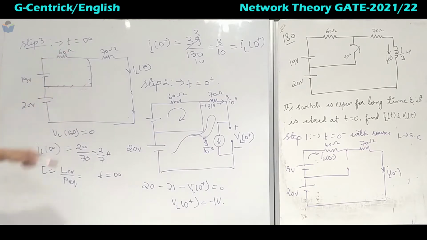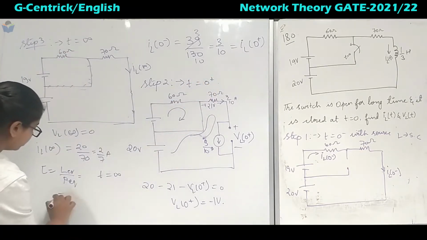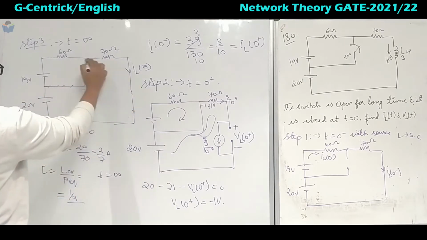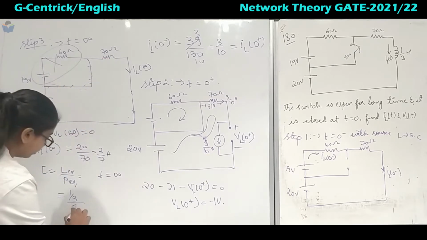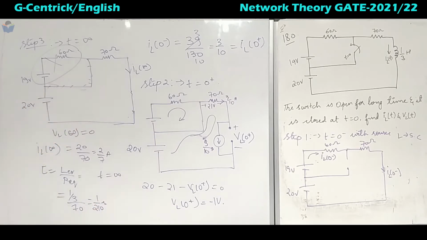We know the value of L, that is 1 by 3. To calculate R equivalent, the current will all go into the short circuit, so that resistor will not be counted. Only 70 ohm is our R equivalent. So our time constant will be 1 over 210 seconds.